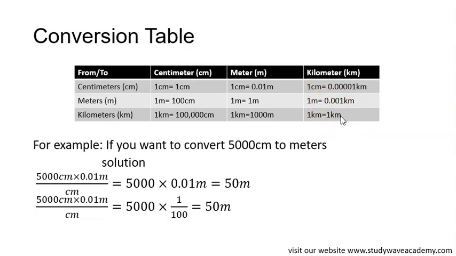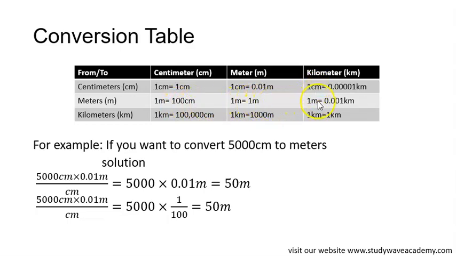We're going to go again. 1 centimeter is equal to 1 centimeter. Then 1 centimeter in meters is 0.01 meter. Then 1 centimeter in kilometer is 0.00001 kilometer. Okay? Then 1 meter in centimeter is 100 centimeter. And 1 meter in meter is 1 meter.